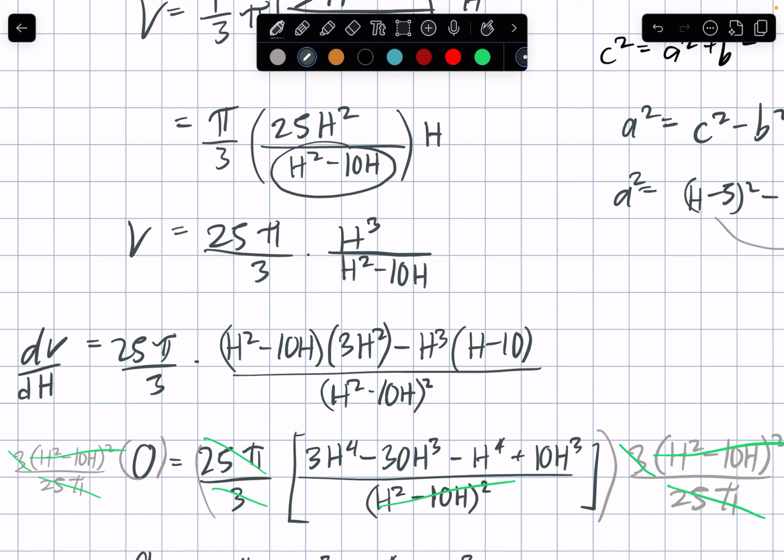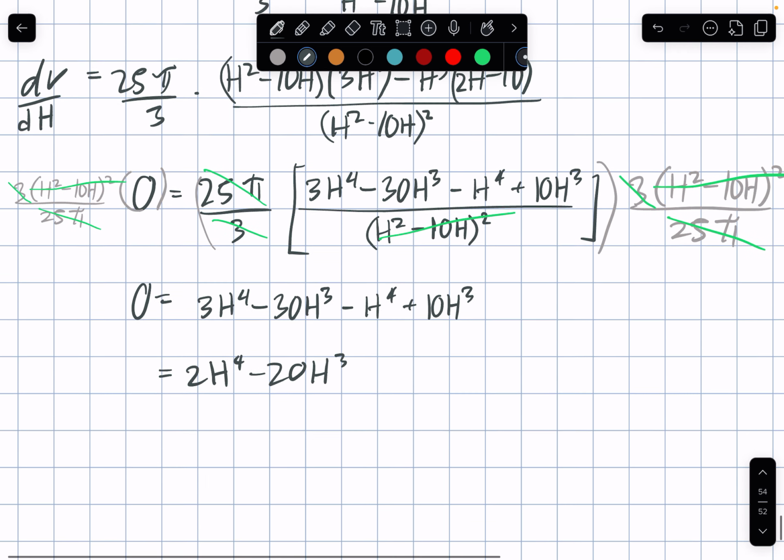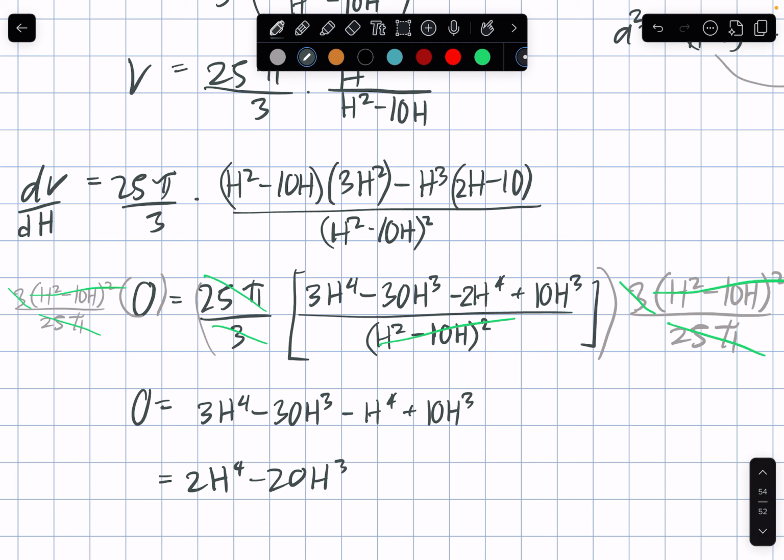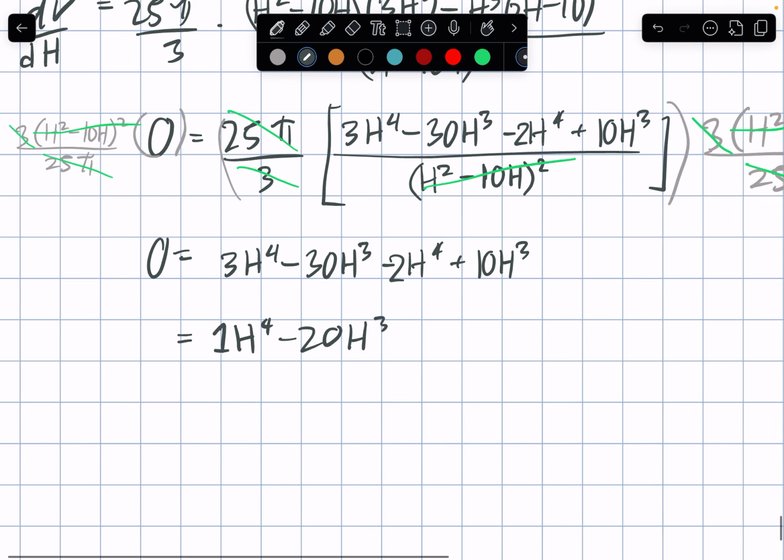Oh, what's the derivative of h squared minus 10h? For h squared, that's going to be 2h. That's what I was missing. So this becomes 1h raised to 4. Okay.